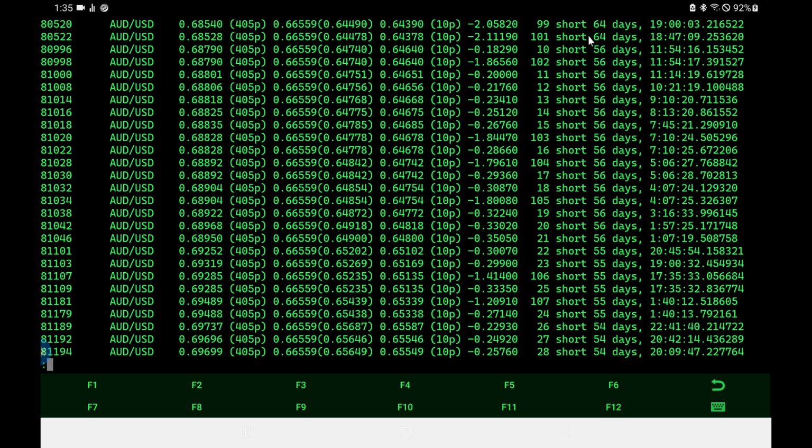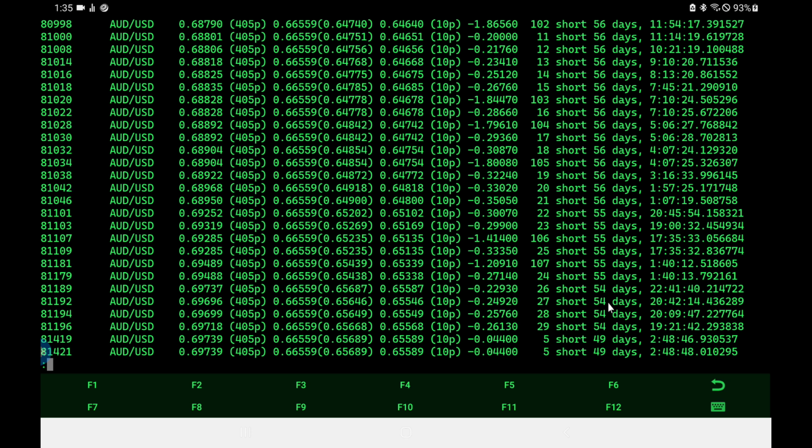For example, here is 64 days, but then you see a whole string of positions at 56 days. But then you see 55, 54. So as we begin to move down, you can see here a reasonable level of consistency for this sub-range within the totality of the bigger long-term 6-month range.